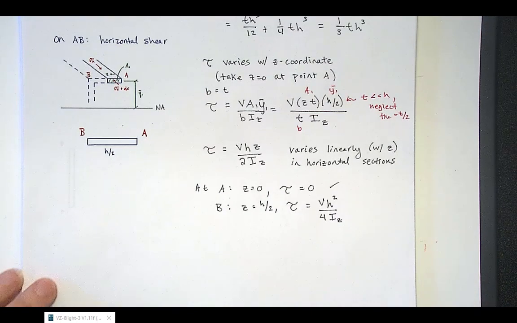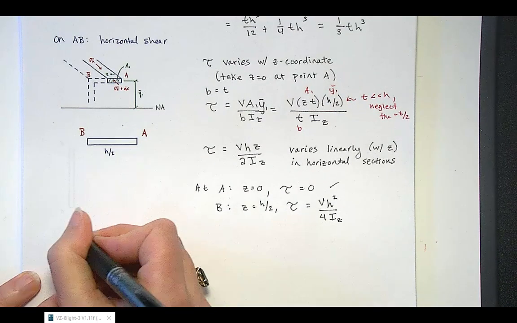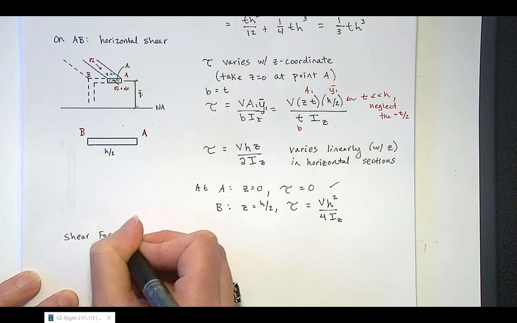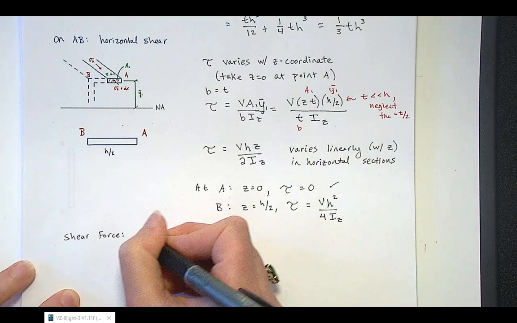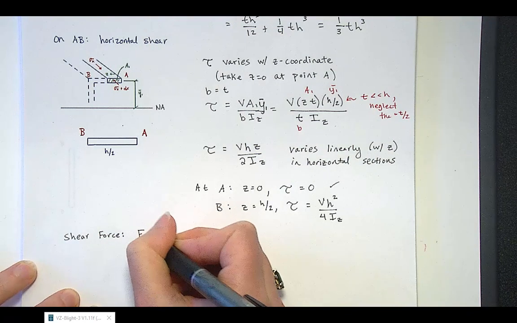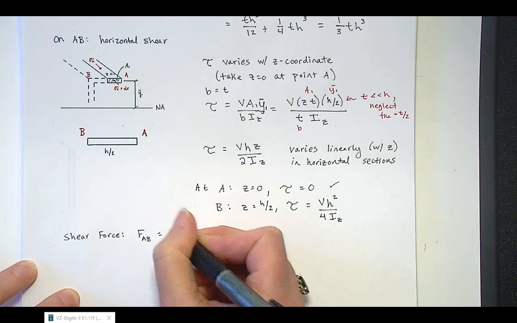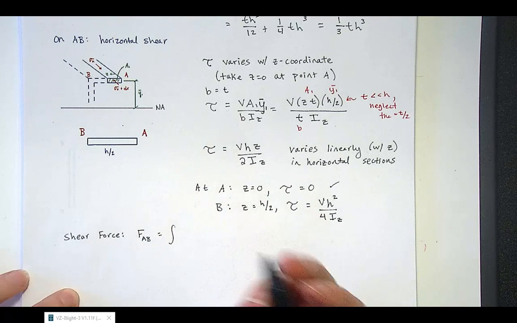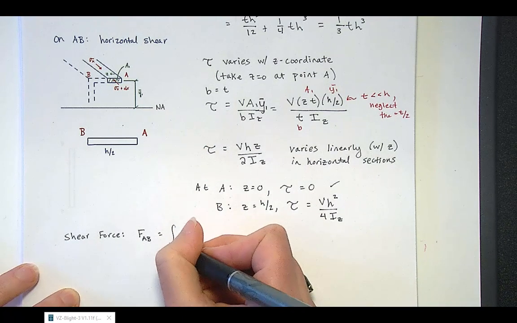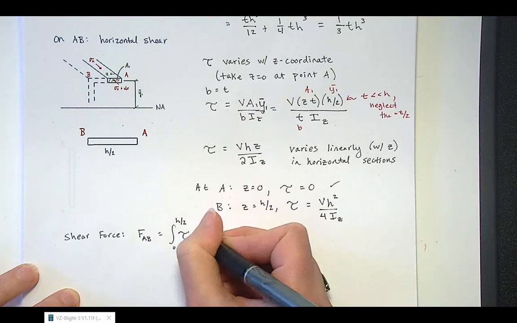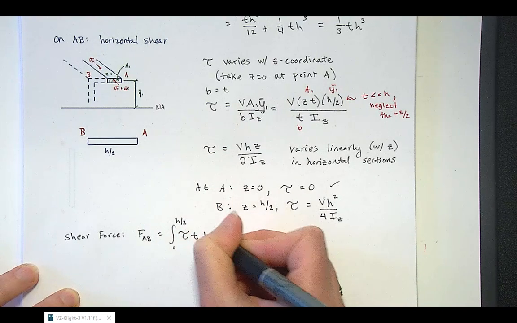And we can calculate the shear force by integrating the shear stress over the area. So we'll call that FAB. That's equal to, since the thickness is constant, we can write that as the integral from 0 to H over 2 of tau times T dz.